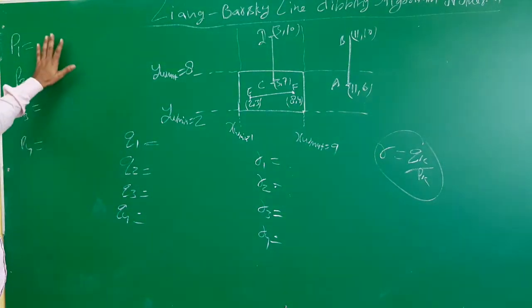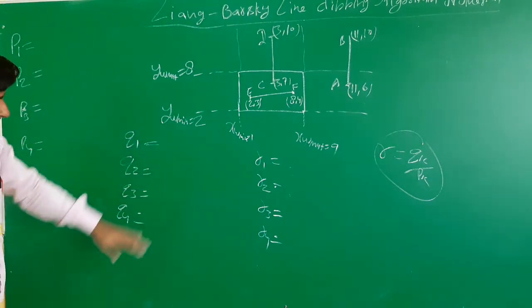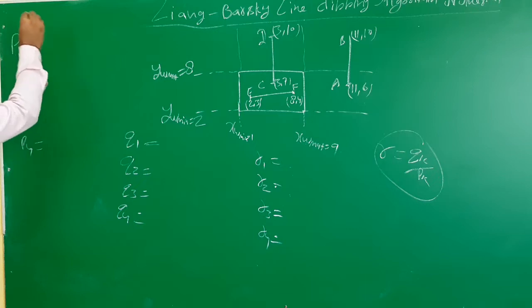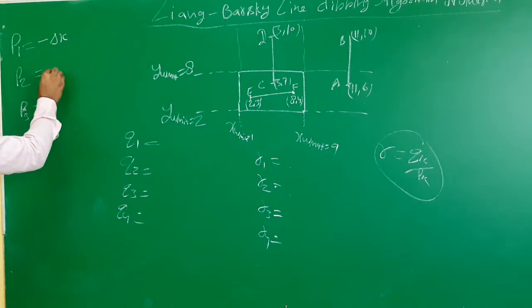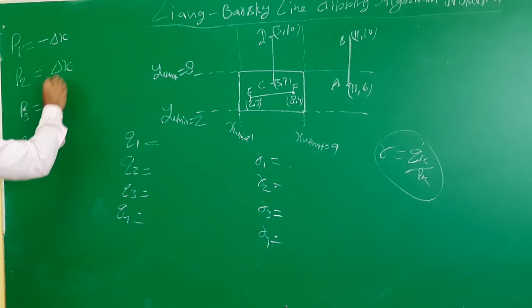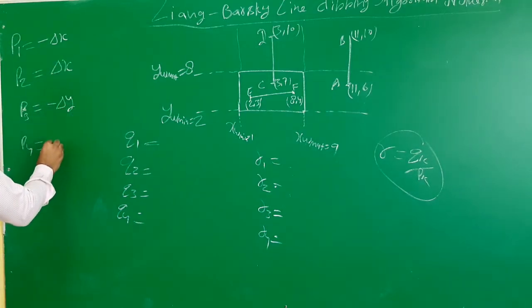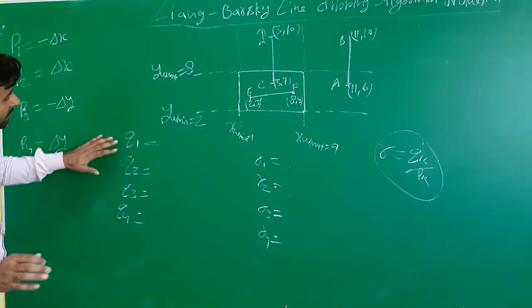And what are these P values and Q values? P1 is minus delta x, P2 equal to delta x, P3 equal to minus delta y and P4 equal to delta y. Clear?